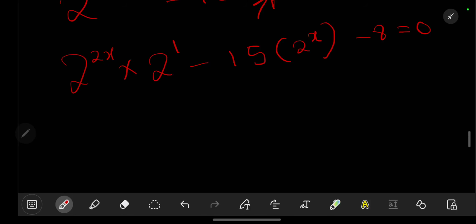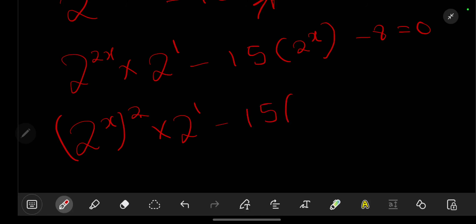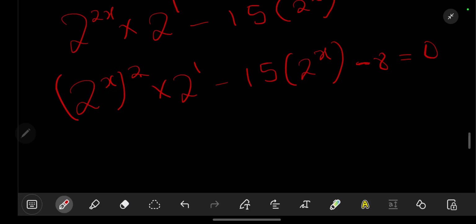Now this is the same as 2 to the power of x times our 2. We know this times this will still give you that. Then we have our 2 to the power 1 minus our 15 times 2 to the power x, like that. Then we have our 8 should be equal to 0.